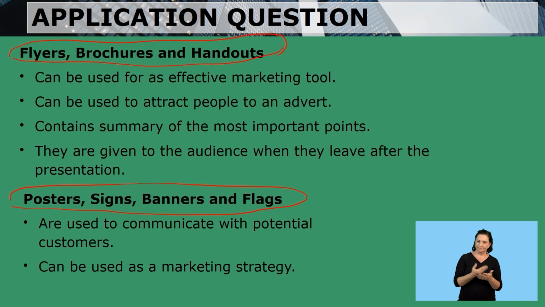They can be used to attract people to an advert maybe. It contains a summary of the most important points. They are given to the audience when they leave after the presentation. As mentioned, we don't want to cause distraction by giving out the handouts during the presentation, because it might cause a bit of chaos.